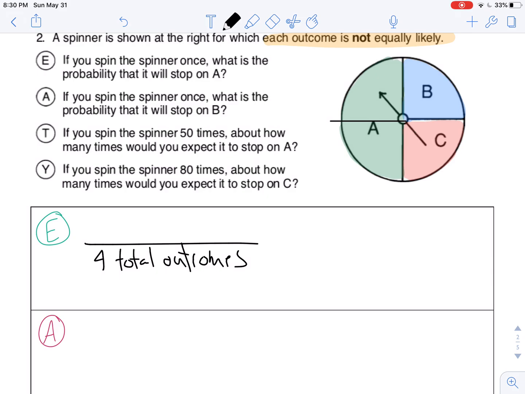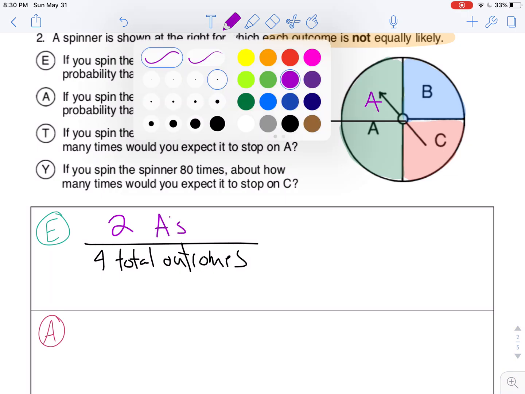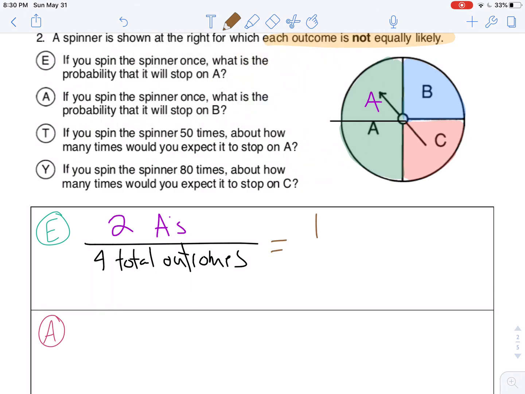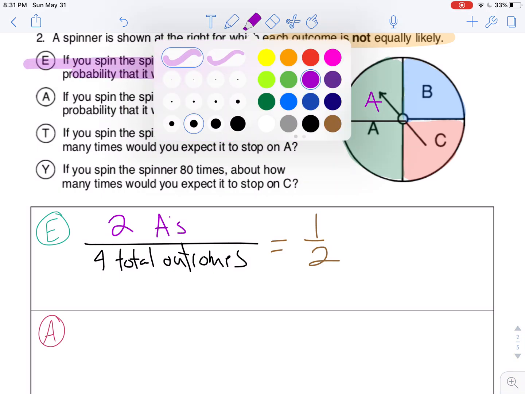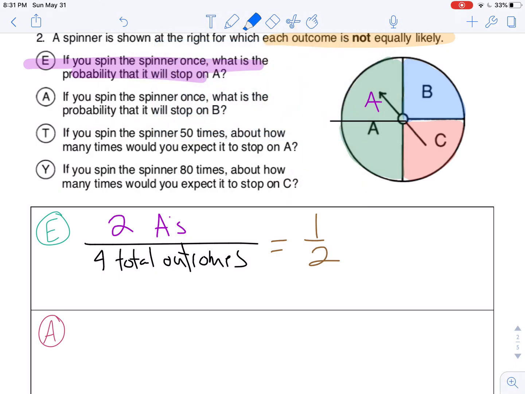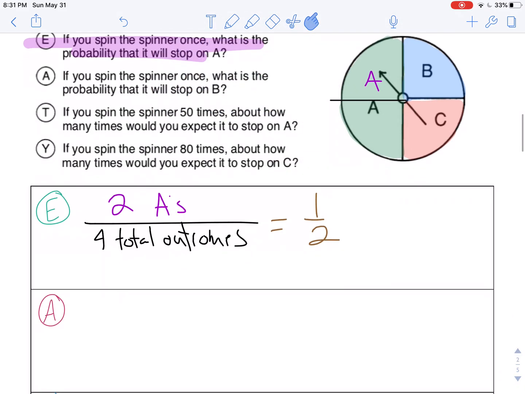If you're going to use a denominator, you have to make sure that each piece is equal sized. And 2 of those outcomes are A. A and A. There we go. So this is 2/4, which you would have to simplify to 1/2. So there's where you can get the 1/2. That was problem E.